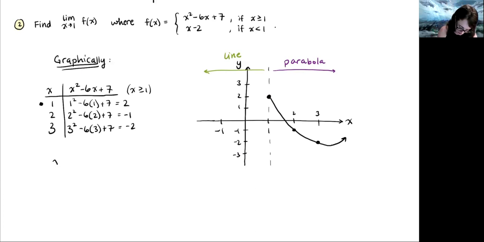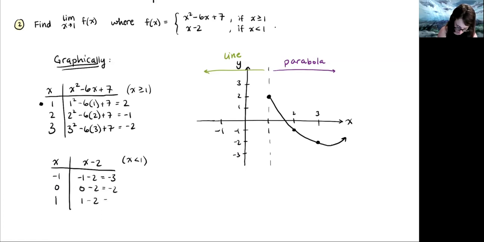So let's also set up a chart. Now we're going to be looking at x values that are less than 1. So maybe we should do -1, 0, and 1, and that should be enough to see what's going on as x approaches 1. Okay, so we'll plug in -1, -1 minus 2, that's -3. 0 minus 2, that's -2. 1 minus 2, that's -1.